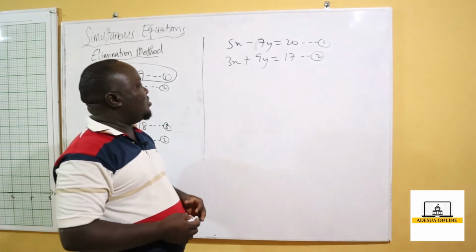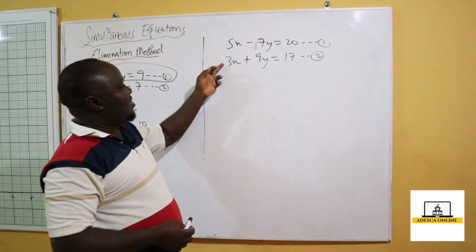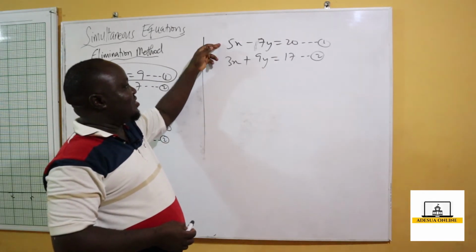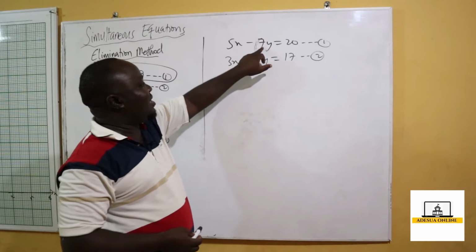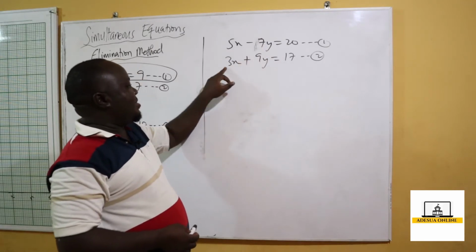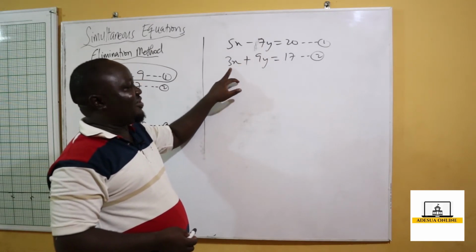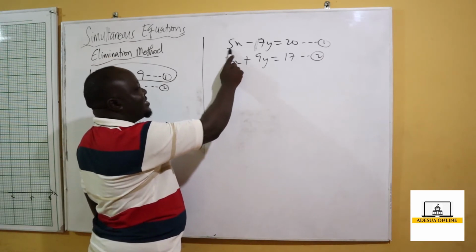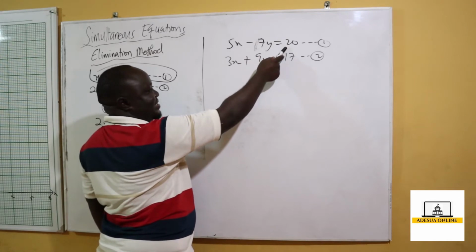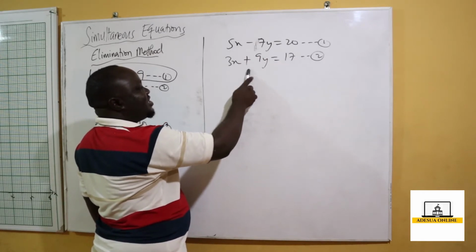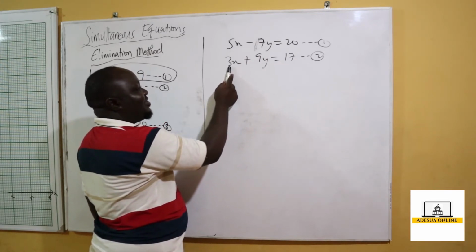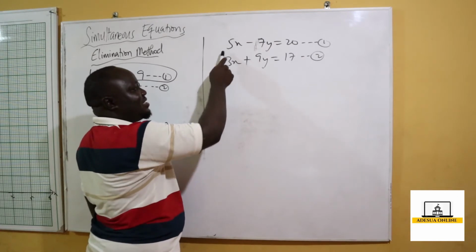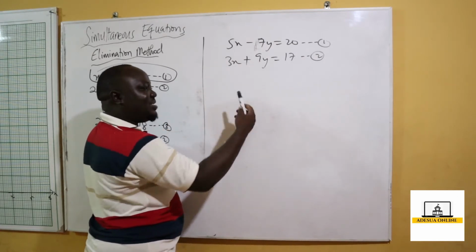So what we are going to do is multiply the whole of equation 1 by 3, and then multiply the whole of equation 2 by 5. When I multiply equation 1 by 3, I'll get 15, 21, and then 60. Then I multiply the whole of equation 2 by 5, so I get 5 times 3, 15, so that when I subtract, this will go away. 5 times 9 is 45, 5 times 17, whatever you have.